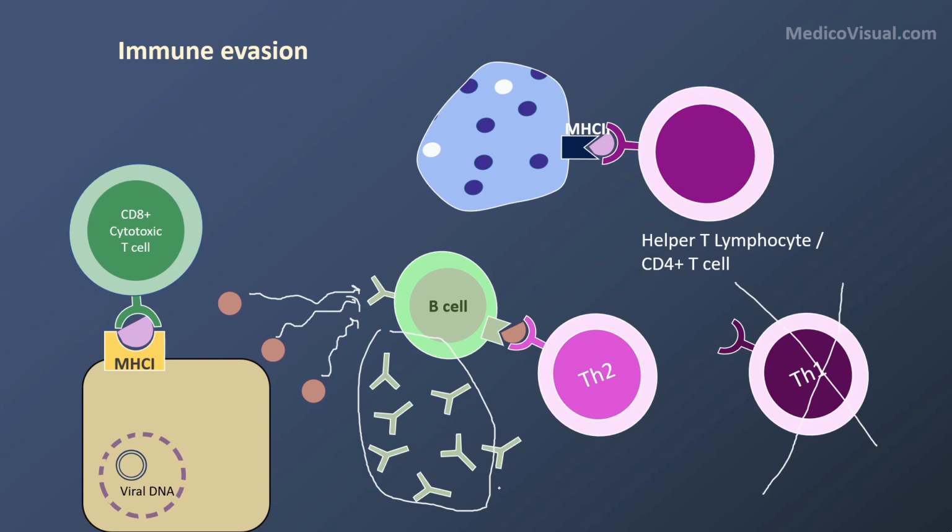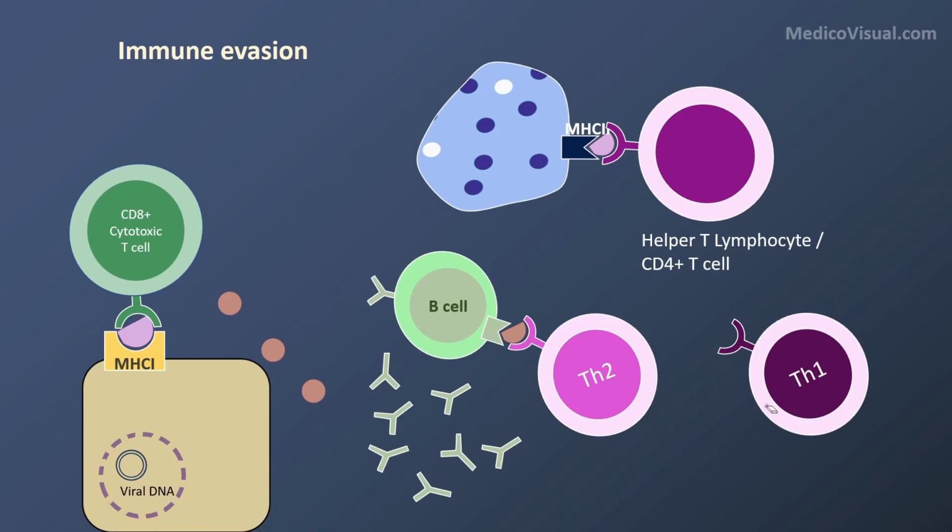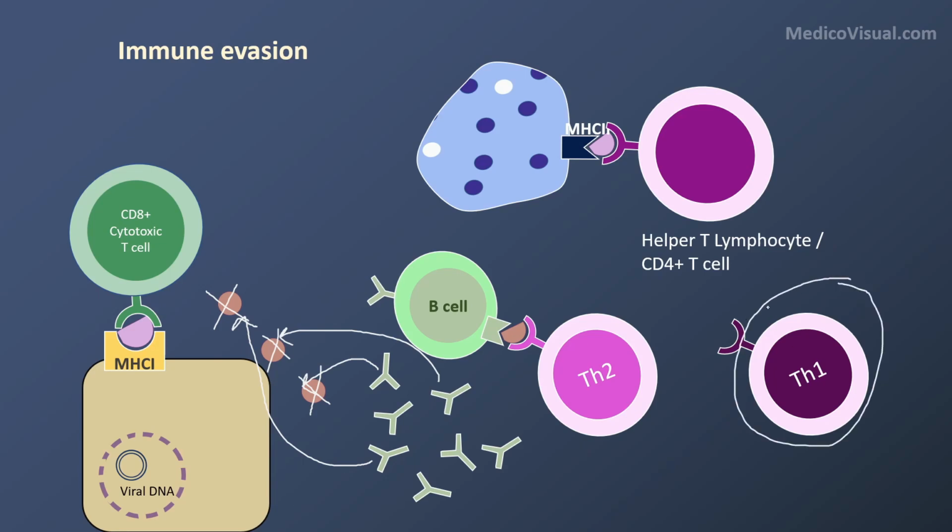So in such circumstances, in order to clear the virus, first the immune system will have to create enough antibodies to bind and clear all these e-antigens. And after all these e-antigens are taken care of, then it can generate Th1 cells and create the cytotoxic immune response.